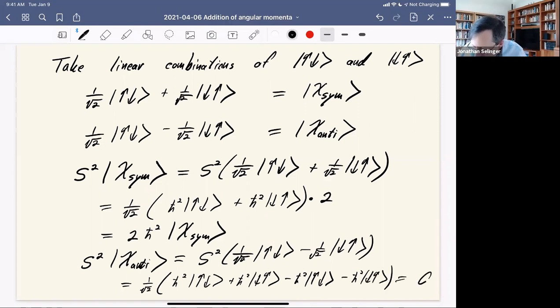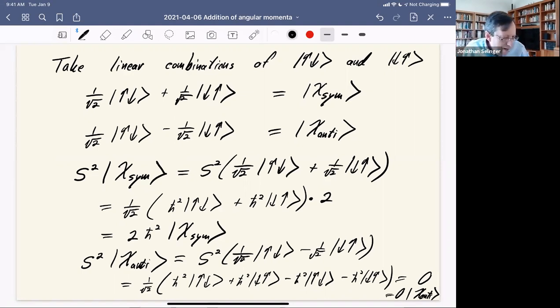This is all just equal to 0, which is equal to 0 times the anti-symmetric state. So this is also an eigenstate of S squared with eigenvalue equal to 0.